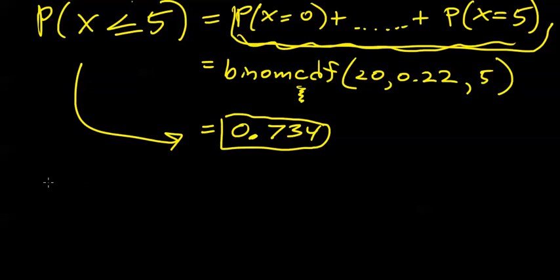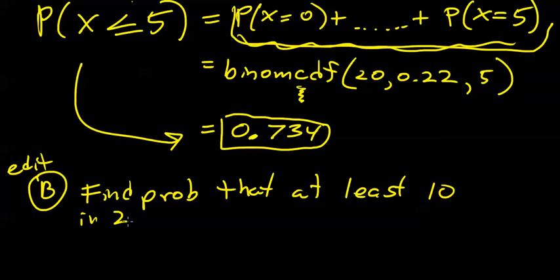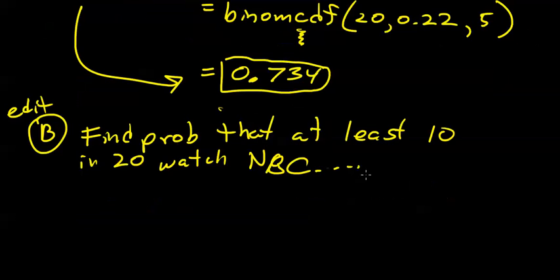Let me give you another one here. Again, I'm going to edit the problem as stated in the book. Again, I'll say find the probability that at least 10 in 20 are watching NBC Sunday Night Football, right?